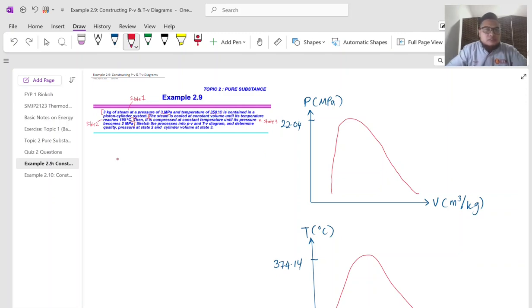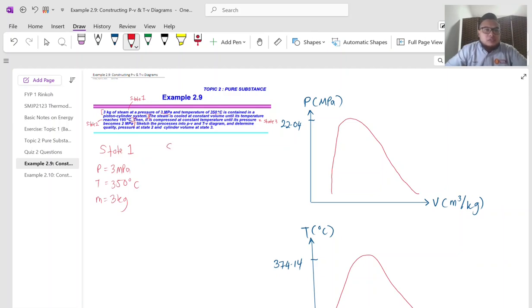I like to separate the states and the requirements for each state. For state 1, the pressure is 3 megapascals and the temperature is 350 degrees Celsius. What else do we know? The mass is 3 kilograms.